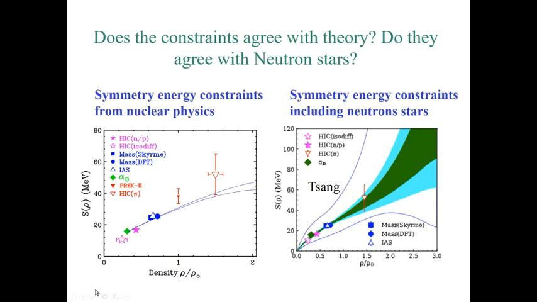Now let's go to another point here. These are points here. Betty explained this point from Alex Brown, who also looked at symmetry energy functionals to describe doubly closed nuclei. They all crossed at about 2/3 saturation density, with a value of 24.7 plus or minus 0.8 MeV for the symmetry energy.